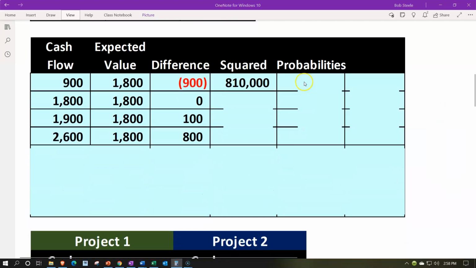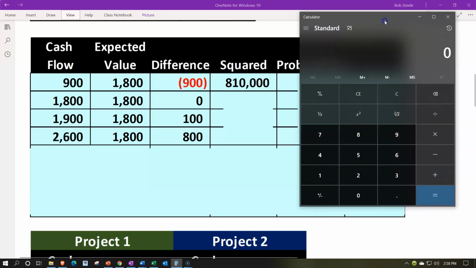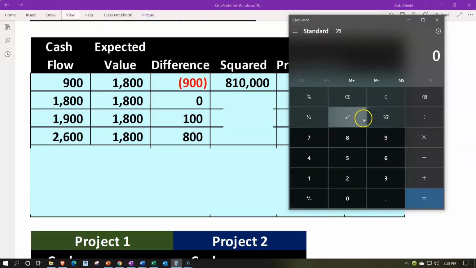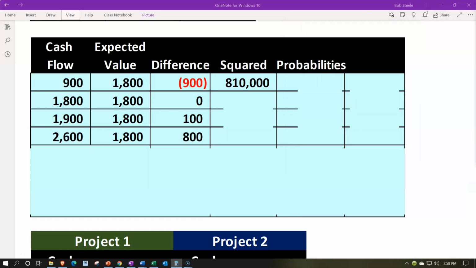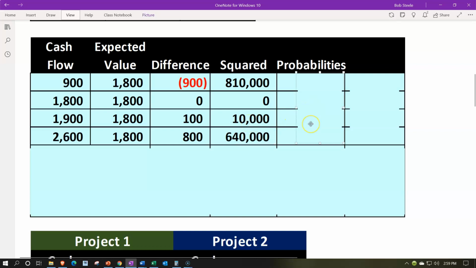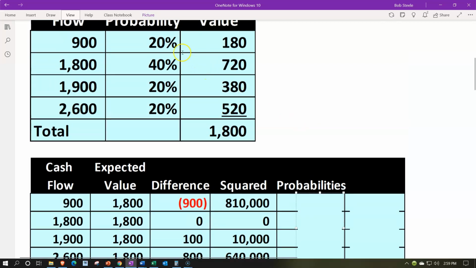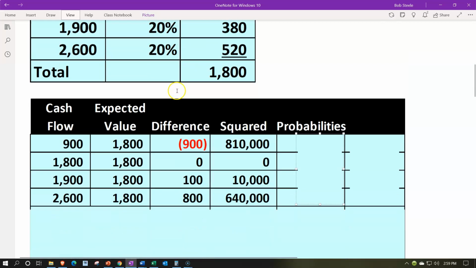Let's just do one of these, picking it up in the trusty calculator, making sure we have a squared button. Negative 900 squared is 810,000. 0 squared is 0. 100 squared is 10,000. 800 squared is 640,000. Then we're going to pick up our probabilities, which are the 20, 40, 20, 20.